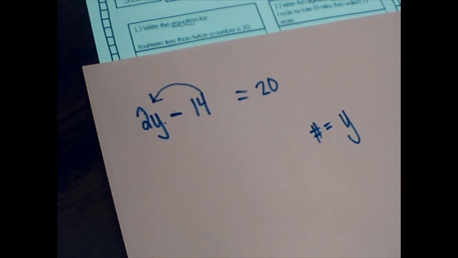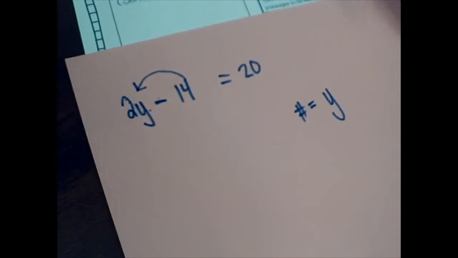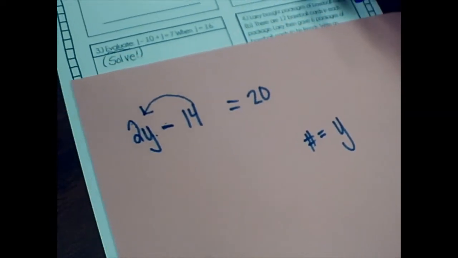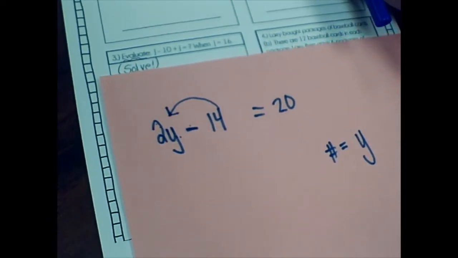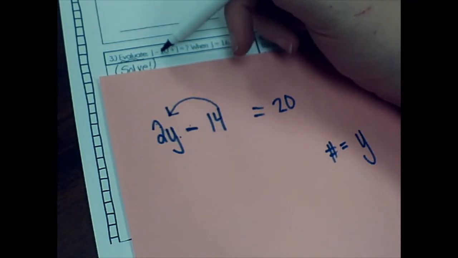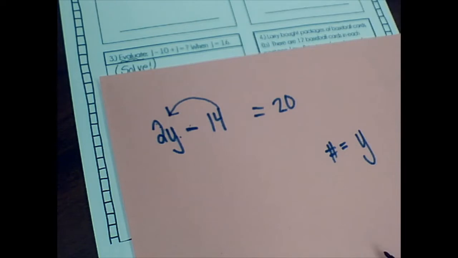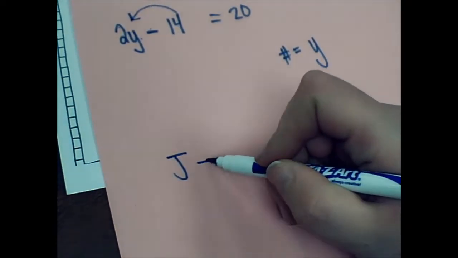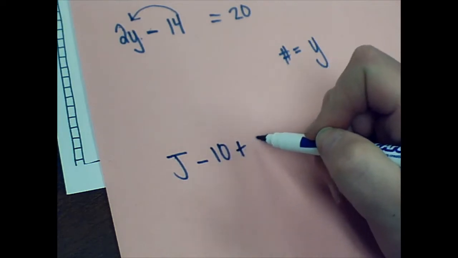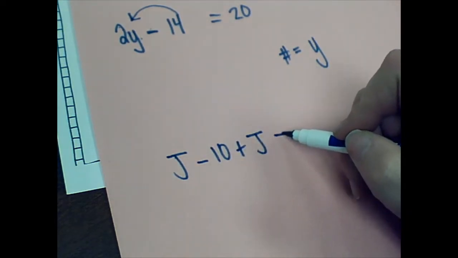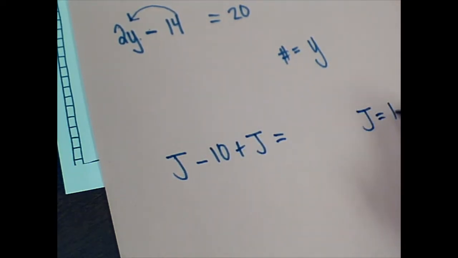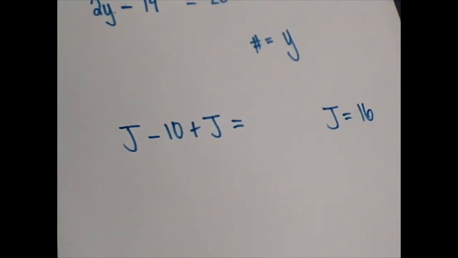All right. Let's also take a look at this problem down here. Okay. It says evaluate j minus 10 plus j when j equals 16. So I have j minus 10 plus j equals what? And it's telling us that j equals 16.